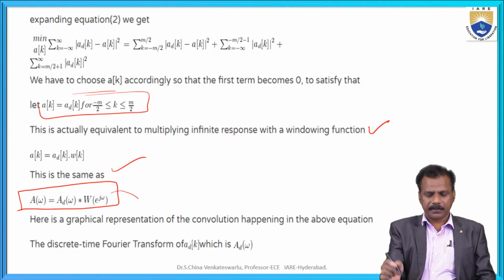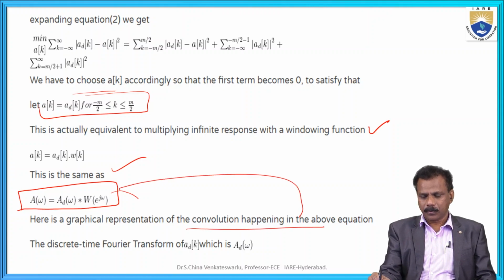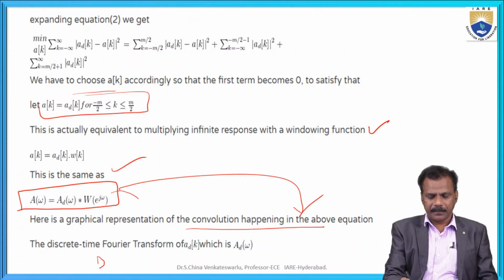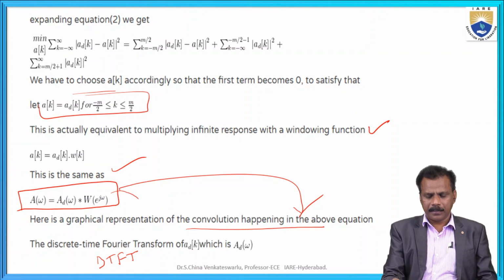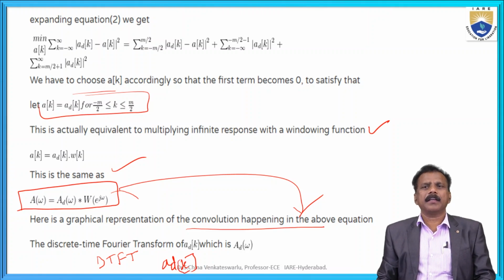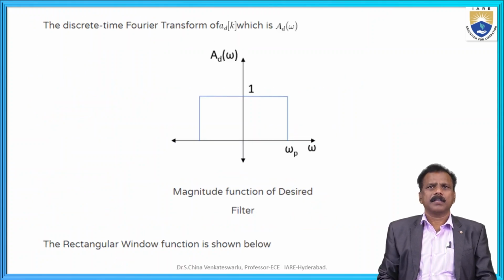Here is a graphical representation of the convolution happening in the above equation. The discrete time Fourier transform of a_d of k is A_d of omega, so omega versus A_d of omega.